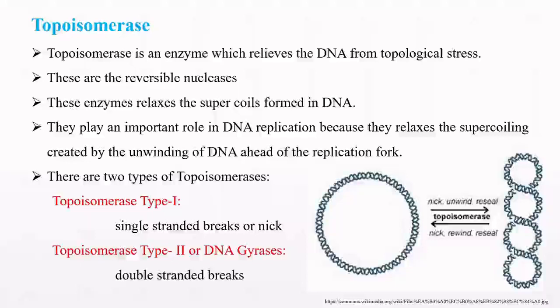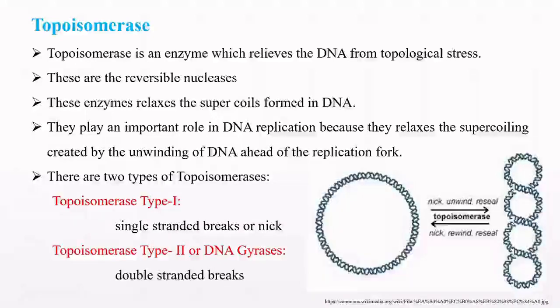This supercoiling has to be relieved, because unless it is relieved, the DNA fork further cannot move, and hence replication may halt or completely stop. So topoisomerase has a very important role in this activity. There are two types of topoisomerases, type 1 and type 2. Type 1 forms single-stranded breaks or nicks and then relieves this topological stress.